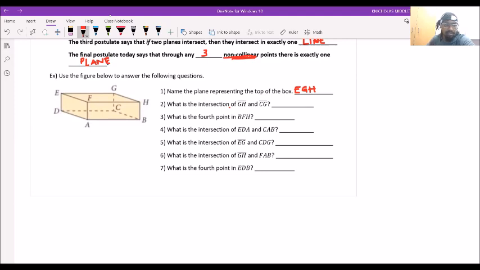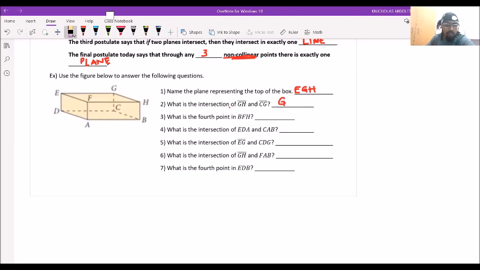Number 2 says, what is the intersection of GH and CG? So try that out. So GH, this line that goes through here, continues on. CG, this line that goes through here continues on. Okay, and you should see that, hey, they do meet at a point, and that point, that location is G. Okay.